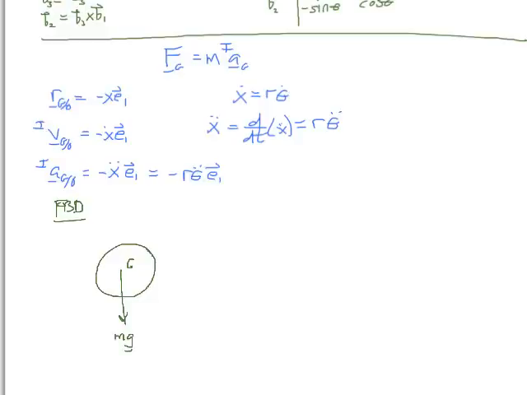And then we have a normal force, which is perpendicular to the inclined plane, in the E2 direction. And then because there's no slip, in addition to the no bounce, we have a friction force, which will enforce the no slip condition. So this is the force F, friction force, in the E1 direction.